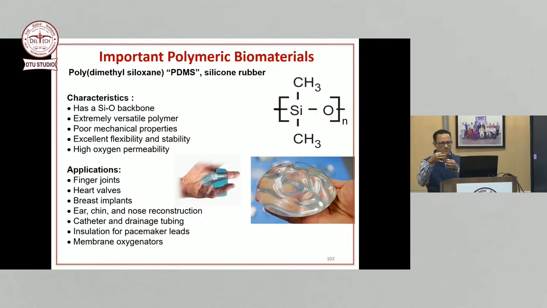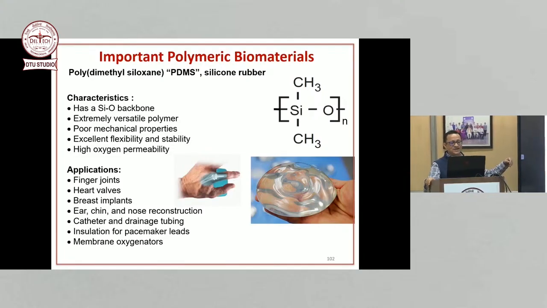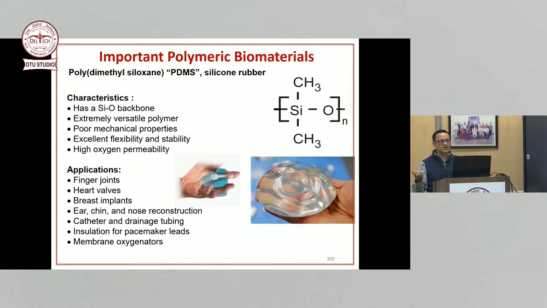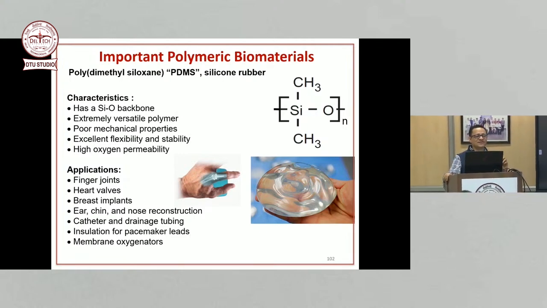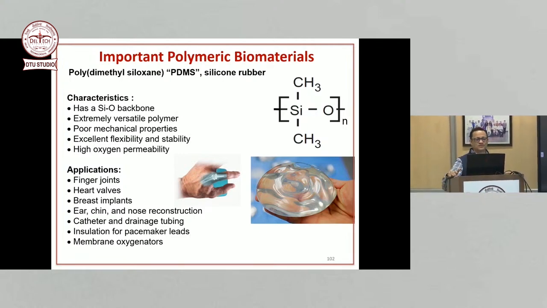It has poor mechanical properties, but excellent flexibility, is very stable, and has high oxygen permeability. So it's used for finger joints, heart valves, breast implants, and catheter and drainage tubing. Urinary catheters, also called Foley catheters, are made of silicon rubber. We will talk about it later. Membrane oxygenators are some other examples of that polymer.